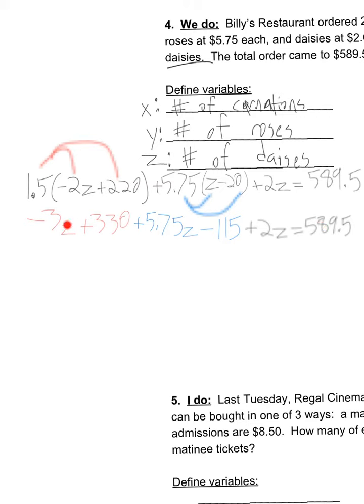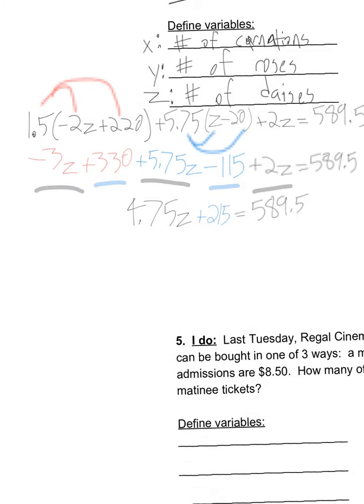Now look, we only have the letter z, so we can combine like terms. So I have negative 3z plus 5.75z plus 2z, and then also I have 330 minus 115 for my other like terms. Okay, so negative 3 plus 5.75 is 2.75.